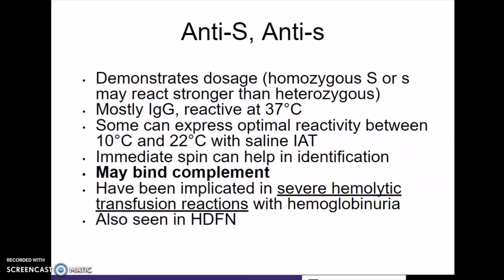The really, really important thing to remember about anti-big S and anti-little s is that unlike M and N, they may bind complement, which can lead to severe hemolytic transfusion reactions with hemoglobinuria or HDFN. So these reactions are going to be typically worse than reactions with anti-M or anti-N, even though they're a little less common.